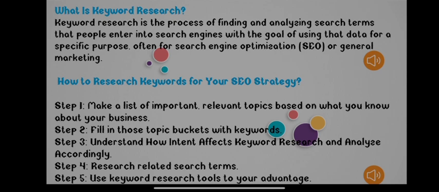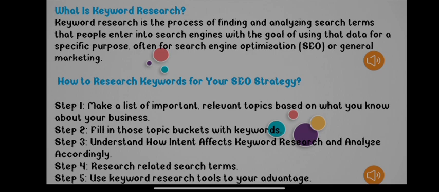Then after that, the third step is to understand how intent affects keyword research and analyze accordingly. This means that in this step, we try to understand how much benefit we are going to gain with the use of the keywords we are trying to use.